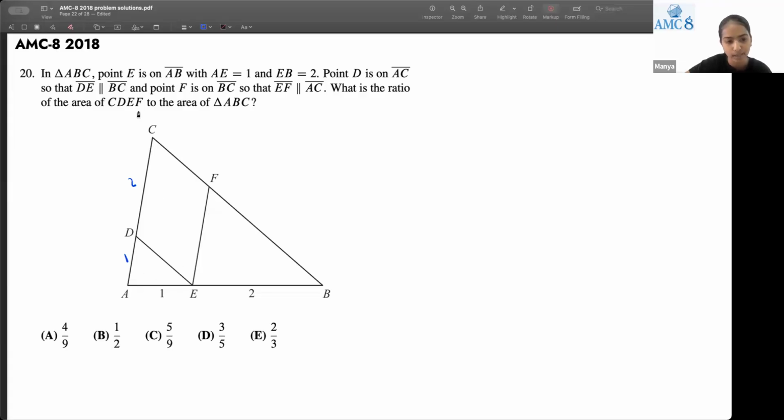So this side will be equal to this side, or it's going to be in that ratio. Suppose this is 1 height, this is 2 height, and this is 1 plus 2 height, so it's going to be 3 height.